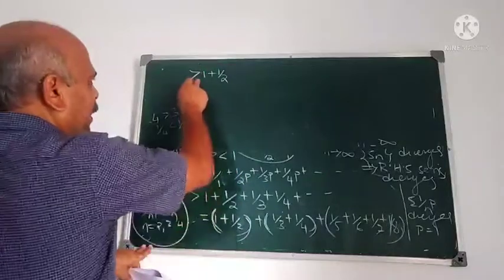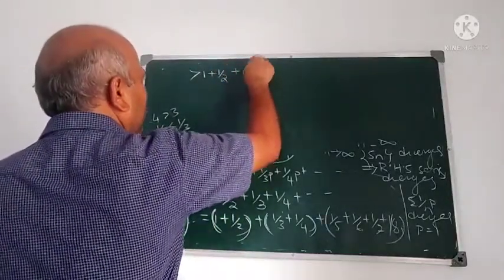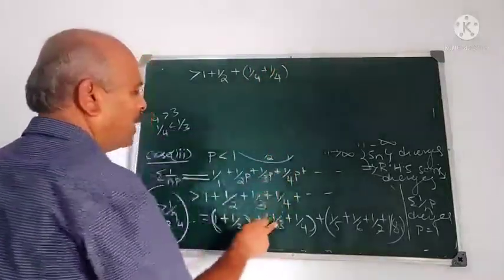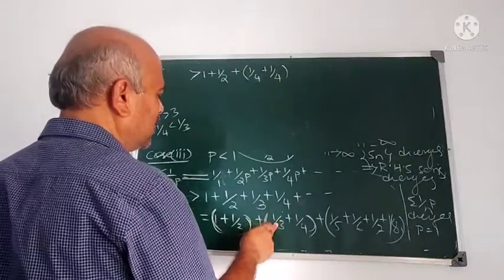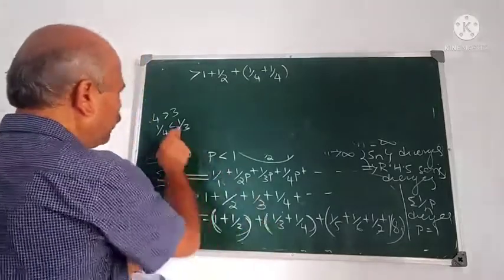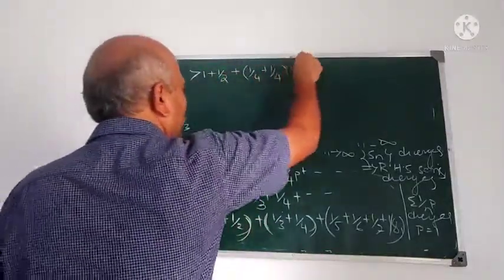In this step, I carry greater than 1 plus 1 by 2 plus 1 by 4 plus 1 by 4, because 1 by 3 is greater than 1 by 4. Therefore, greater than 1 by 4 plus 1 by 4.